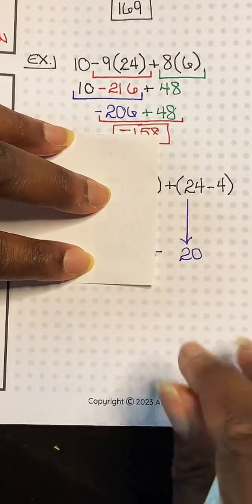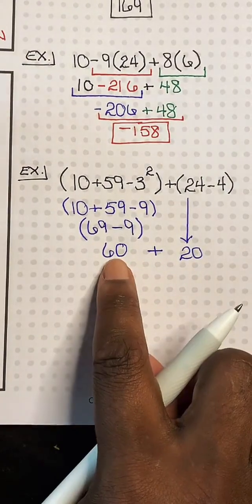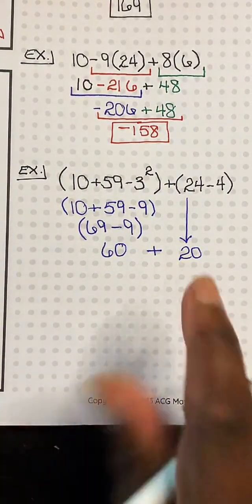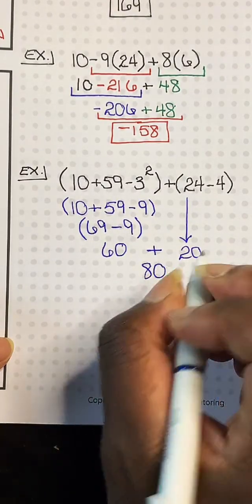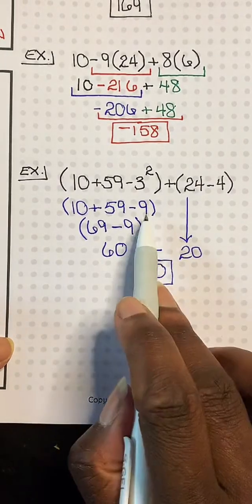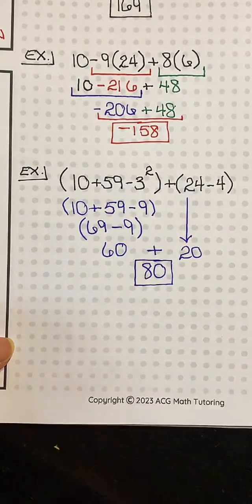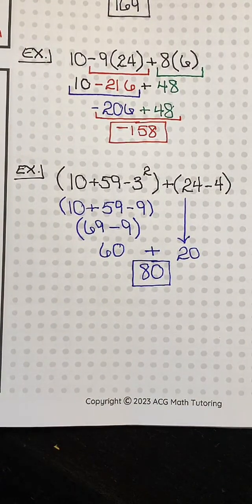Reason why I'm bringing it all the way down here is so it can match up evenly with my 60. And then 60 plus 20, that's where the 80 is coming from. Okay? I can tell right away a lot of people wrote 6 instead of 9 here based off of some of the answers. Or some just guessed.